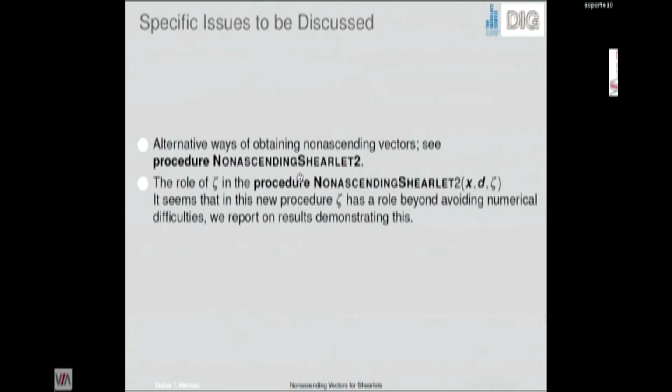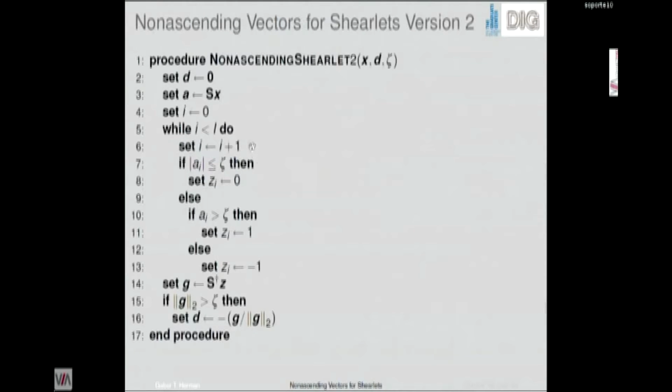So we looked into using another way of getting the non-ascending vector for Shearlet, and this is it. We're still using a theta to avoid numerical difficulties, but we are not setting the whole of G to 0 if we hit a difficulty. We're only setting that component of Z to 0 where things are small. So this is essentially saying that whenever a component of the Shearlet transform is smaller than theta in absolute value, we set Zi to 0.